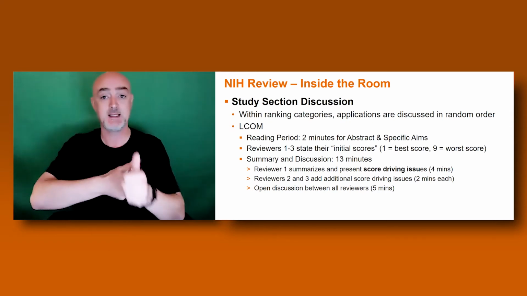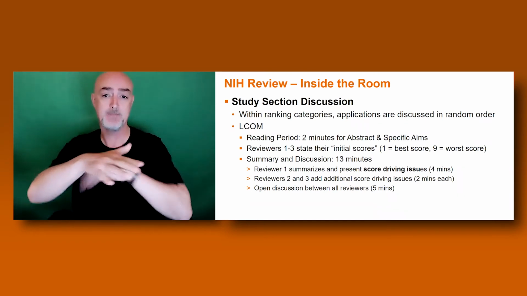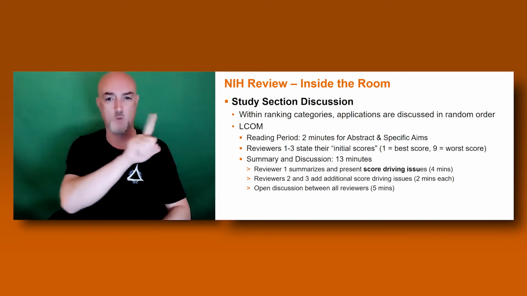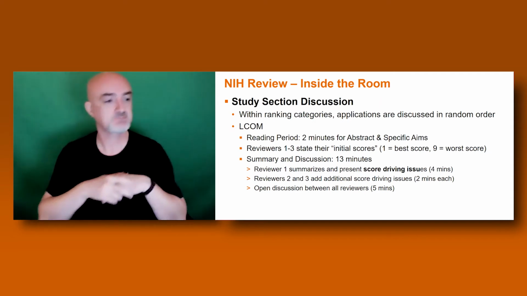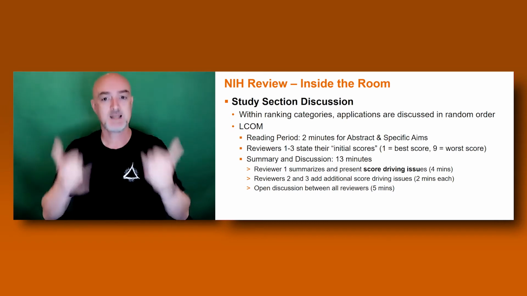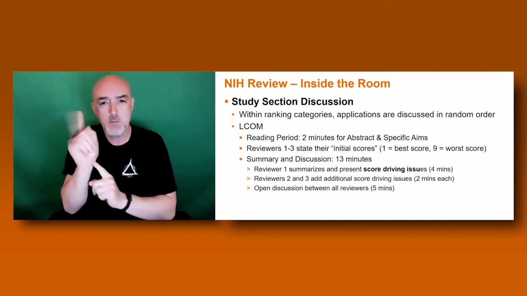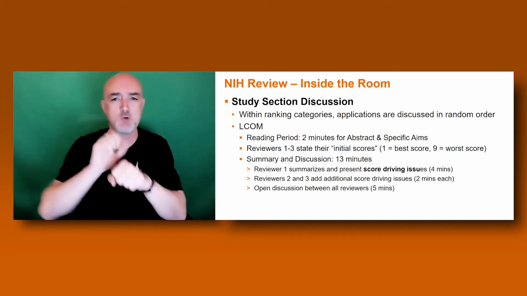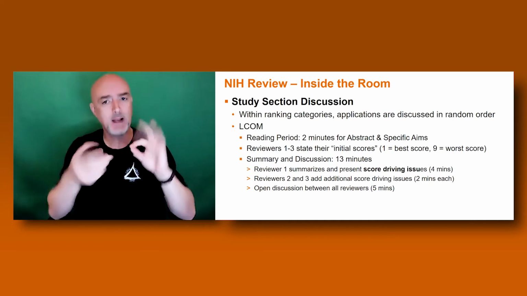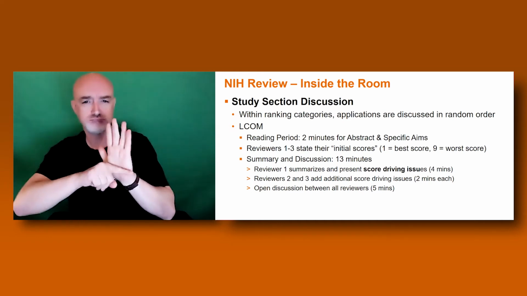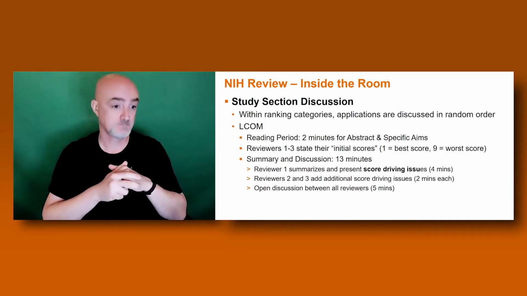Once they're done, the reviewer will rank based on whatever score they think for your overall impact score. Again, we've got that 1 through 9, 1 being the best, 9 being the worst. And then after that, there's a few minutes to summarize the research from the application and also have comments and feedback that may impact the score from the reviewers at this time.